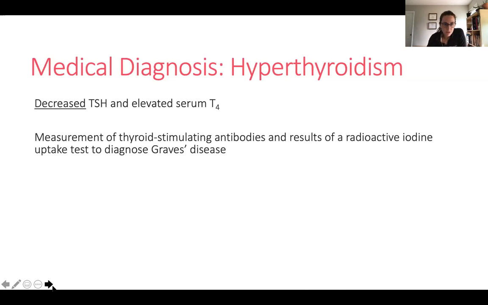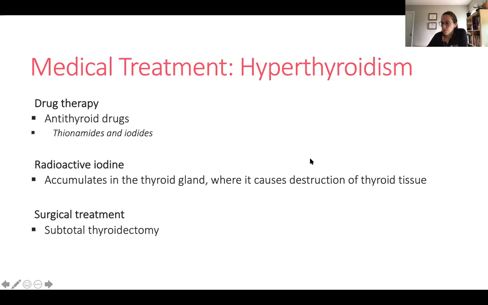And then as far as medical treatment, they will get anti-thyroid drugs. So there's 3 methods: medical, radioactive, and surgical. So as far as the drugs, the thioamides and iodines, they are often used temporarily before surgery, and these can cause neutrophil suppression.